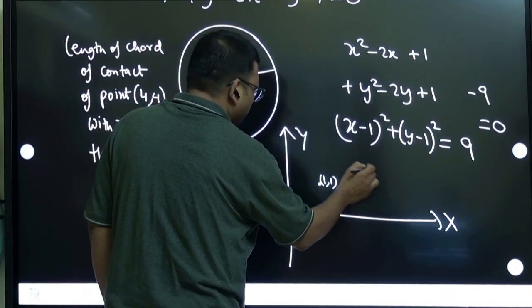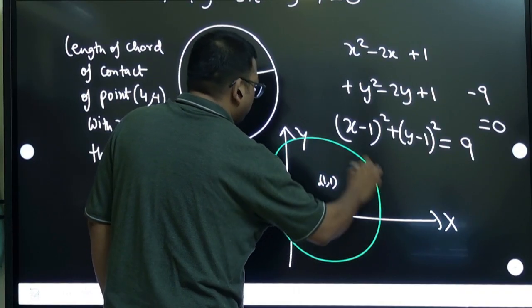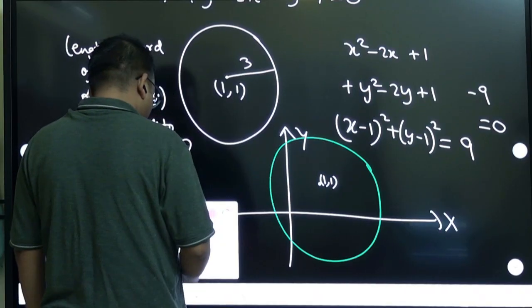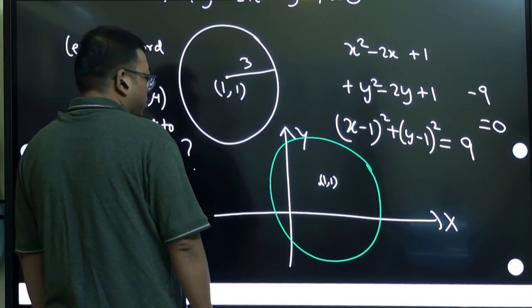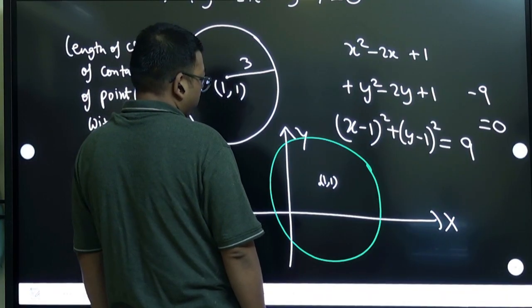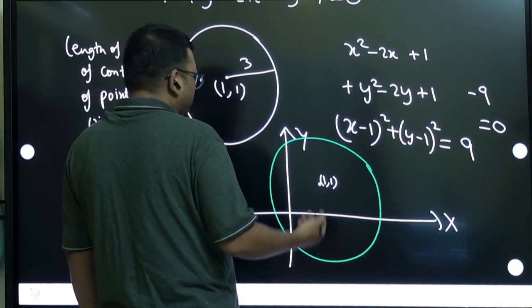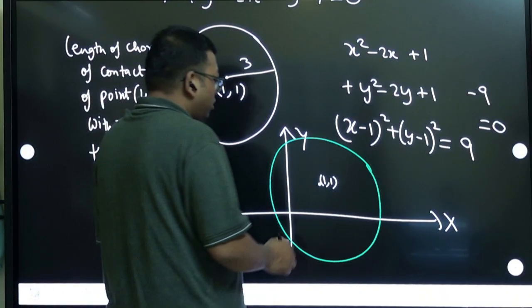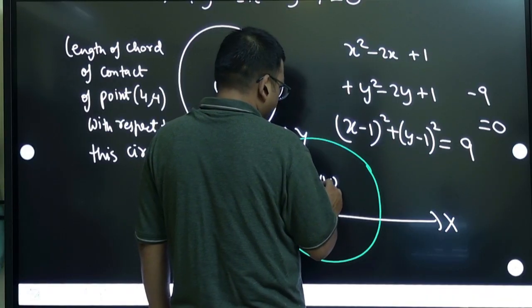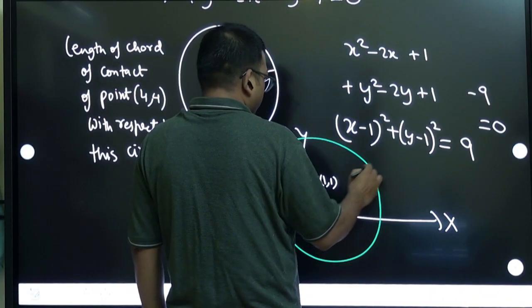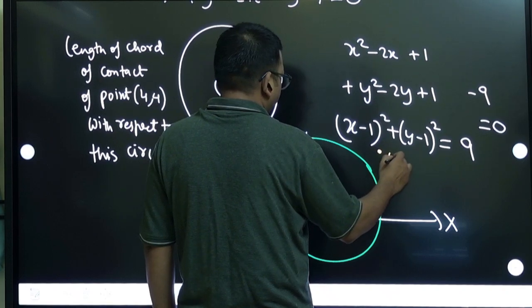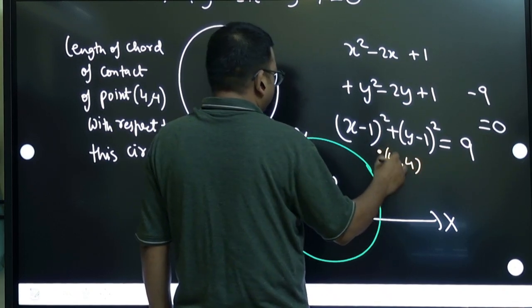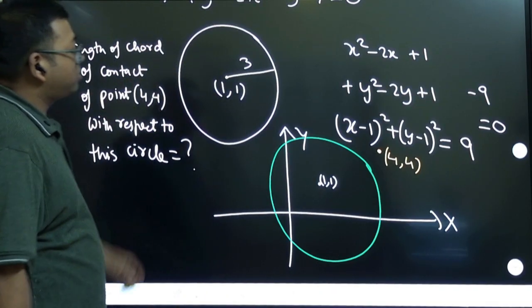Like this the circle will be there. The circle will of course be cutting the axes somewhere. But the point (4, 4), because of the radius, may lie outside somewhere. (4, 4) can lie outside.